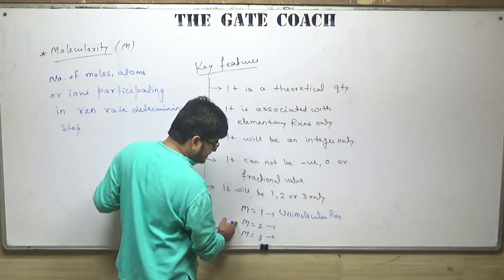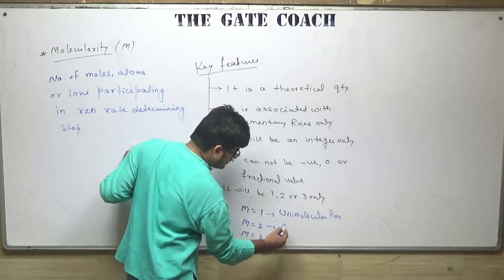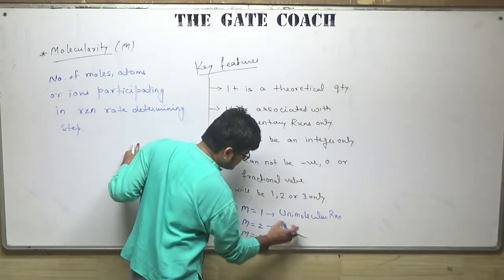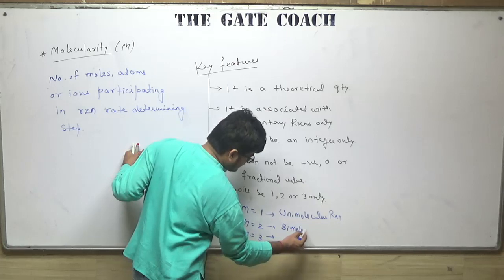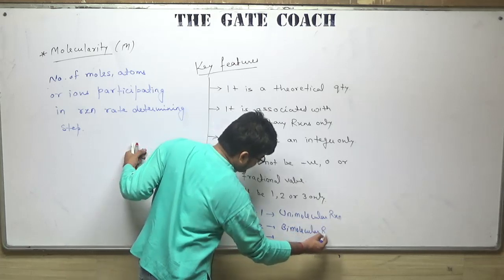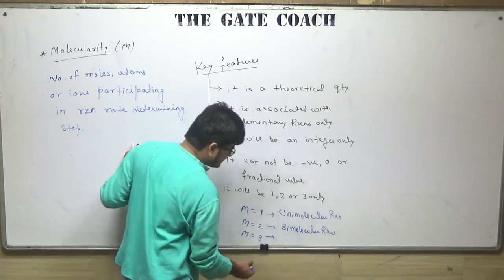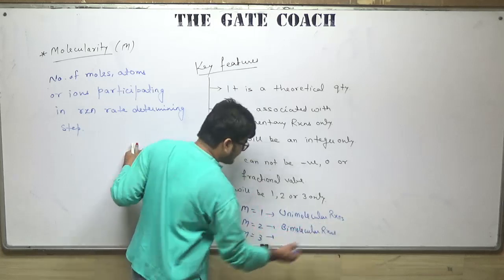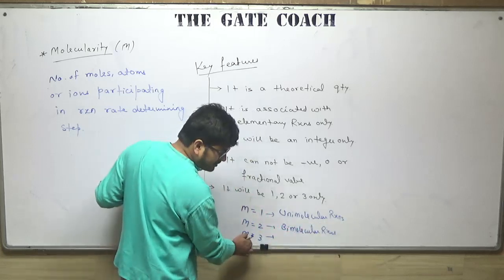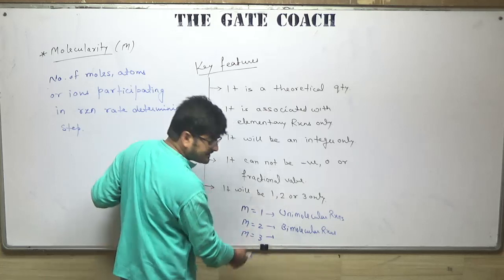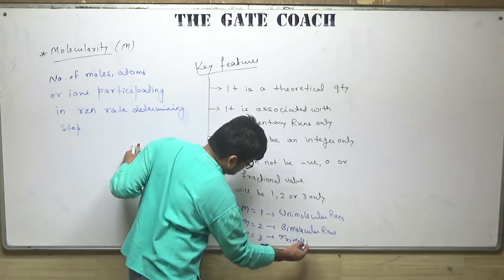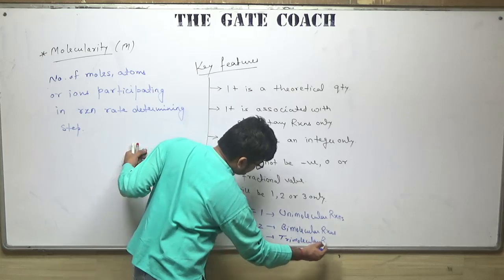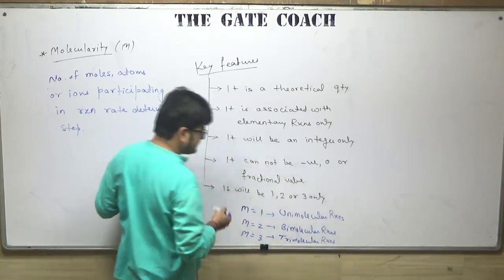Reactions with molecularity 2 are known as bimolecular reactions, and the reactions having molecularity 3 are known as trimolecular reactions.